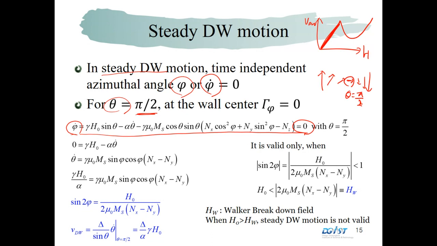So with this zero condition and theta being pi over 2, the Dirac term disappears. We only retain these terms, and you can find this relation. So in this relation, we can easily find theta dot is alpha gamma H0. And let's compare these two equations. So that means you can replace theta dot with this one and this relation.